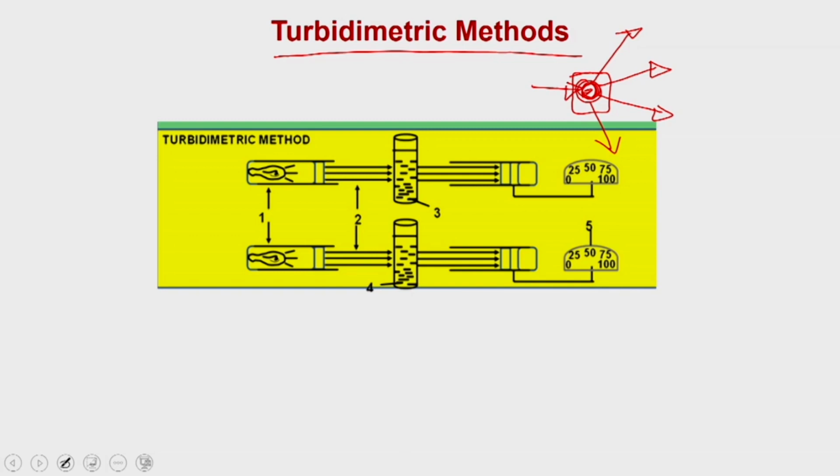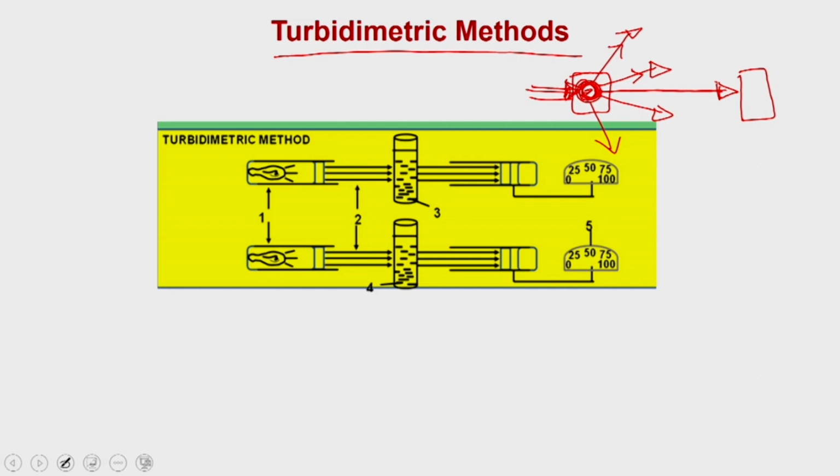Because these cells are growing and live, and they are scattering the light in all directions, there is a loss of intensity when a light beam hits the bacterial cell. What you are measuring in the detector is the light coming out from the sample, but it is moving away at a particular angle which your detector cannot detect.